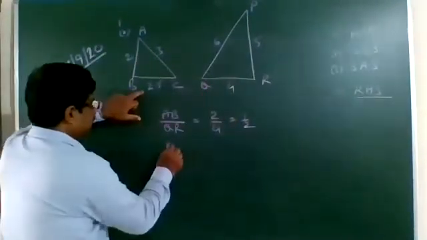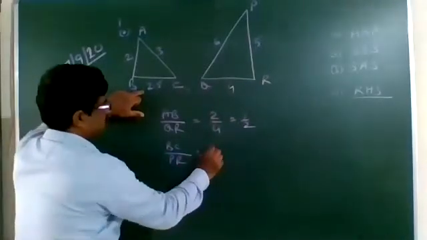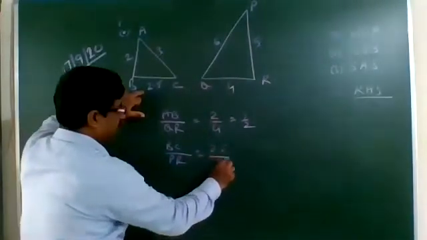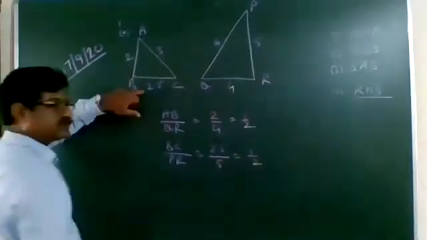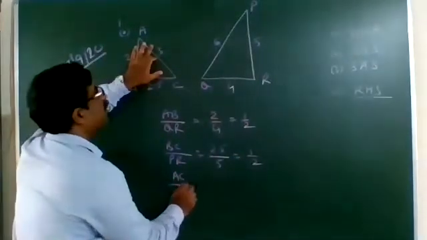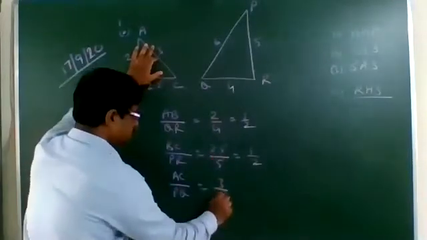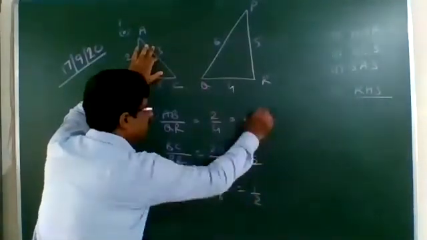Now we take BC upon PR. This is 2.5 and the other side is 5, which is also 1 by 2. Then AC upon PQ: AC is 3 and PQ is 6, which is also 1 by 2.